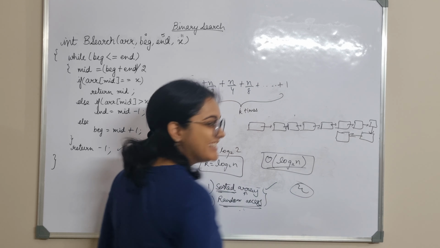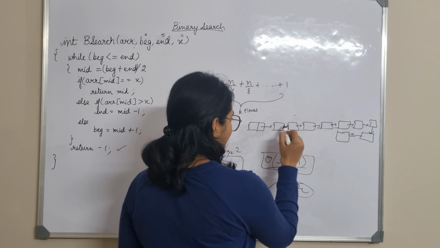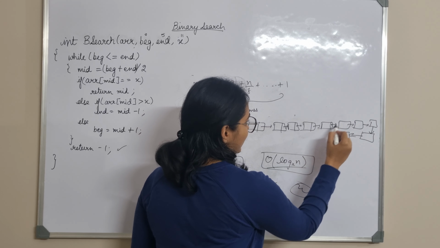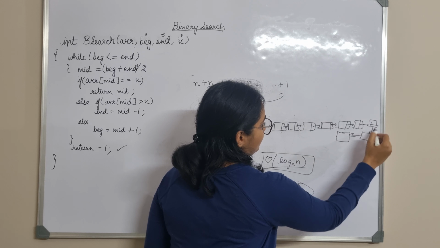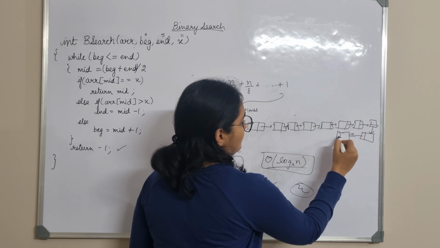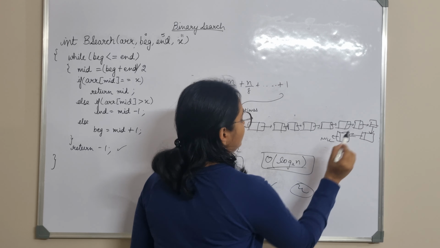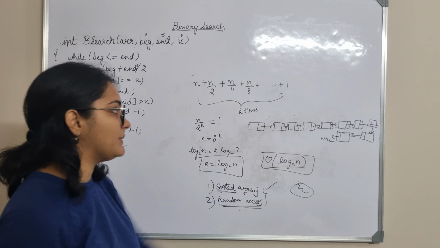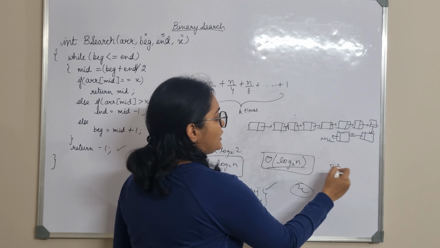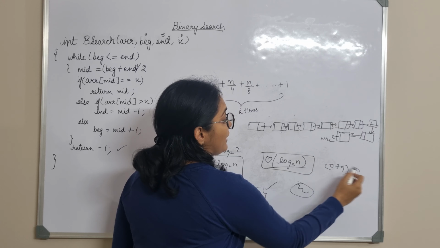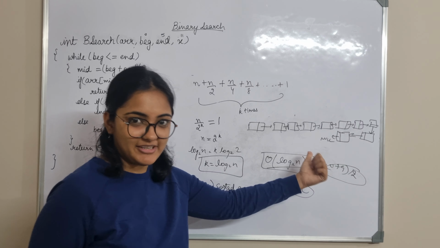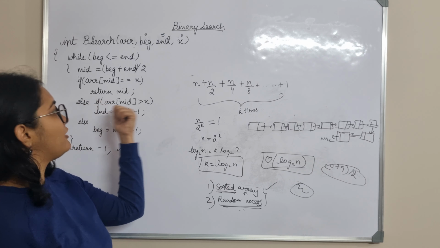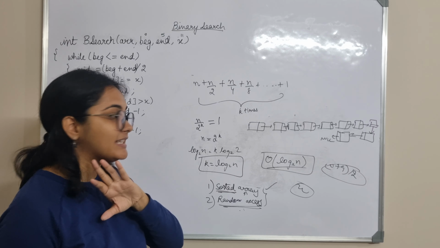I know it's very bad, but please bear with me. I hope you can understand. Okay. Let's say there are 10 elements. Now 0 plus 9 by 2. What is it? 4. To access the fourth element, we cannot access it directly, like we access an array's mid. We cannot access it that easily.